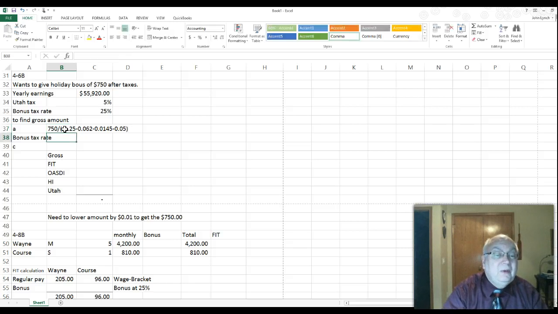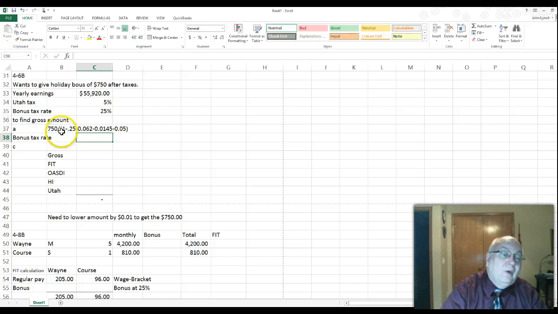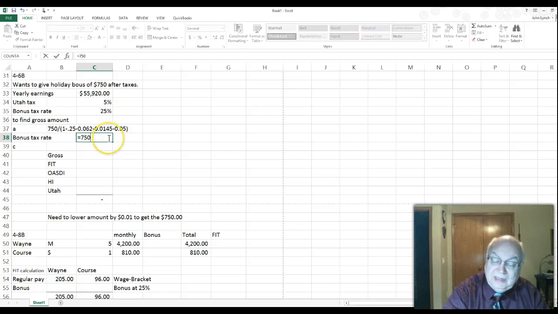Okay, so that's the equation you'd have to use for that. So it's the 750, which is the gross amount you want, divided by 1 minus all these taxes you have to take.